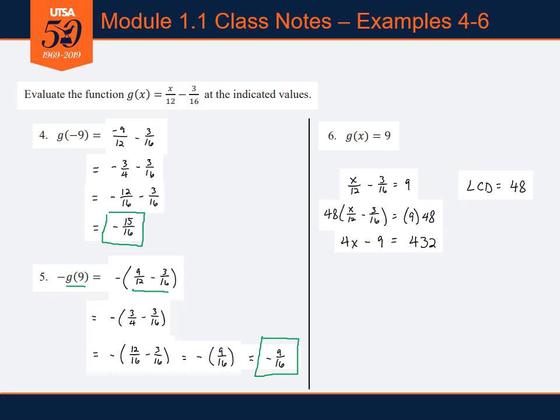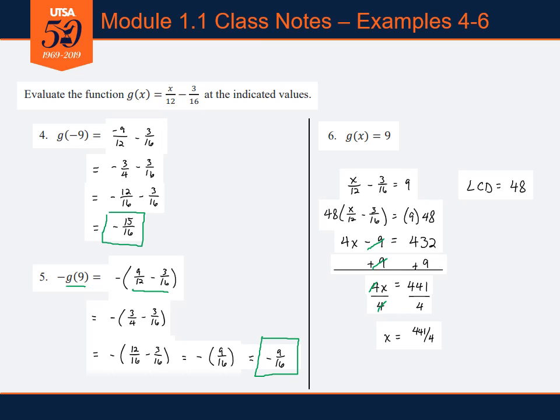Doing the math here, I end up with 4x minus 9 equals a relatively large number, but that's okay, 432. From there, I simply add 9 and divide by 4. Add 9 to both sides to cancel that minus 9. 4x equals 441, and then divide by 4 to cancel the 4 coefficient, and I get x equals 441 over 4.